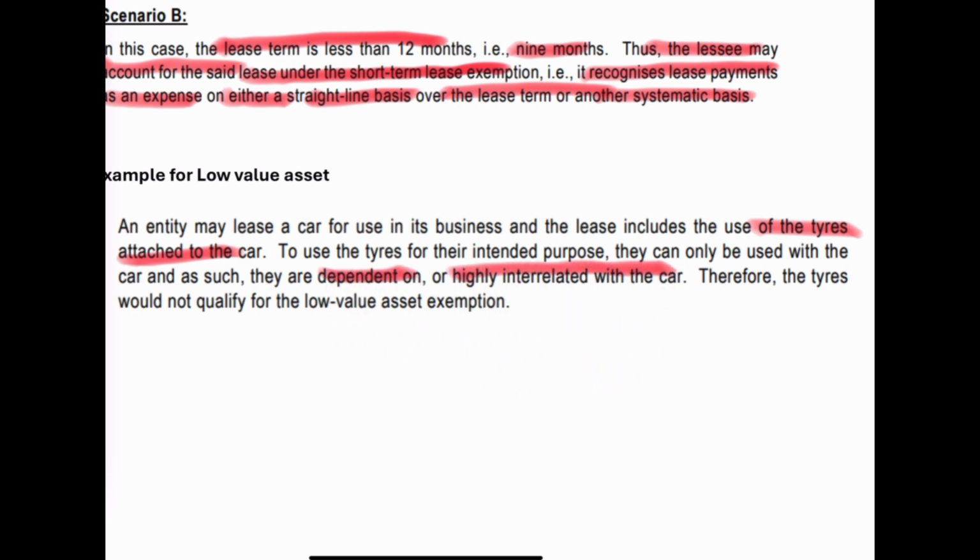So you cannot use a tire as a standalone, so a tire can be used only along with a car. Therefore the tires would not qualify for the low value asset exemption. Okay, so the tire may be low value, but since it's interrelated with the usage of the car, the low value exemption cannot be applied in this situation.